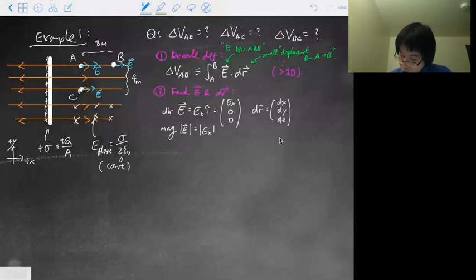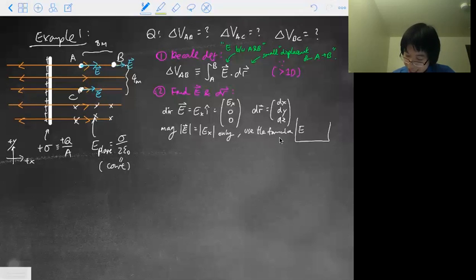And now you use the formula of a plane, which is sigma over 2 epsilon. So we know that Ex is sigma over 2 epsilon because that's the magnitude of it. So this goes in here.